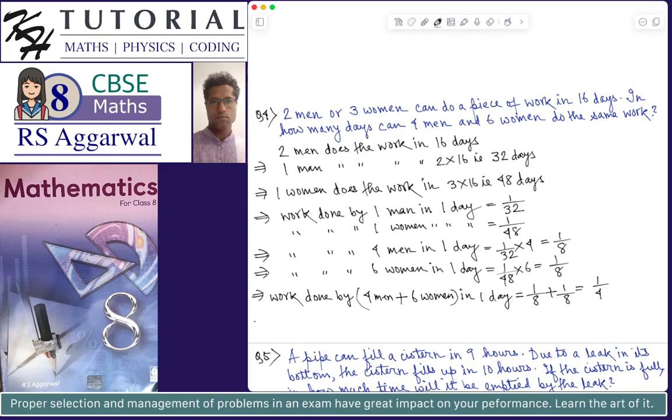This implies, applying the second rule of time and work, that the time taken by 4 men plus 6 women to complete the work will be equal to 4 days. So 4 days is the answer.